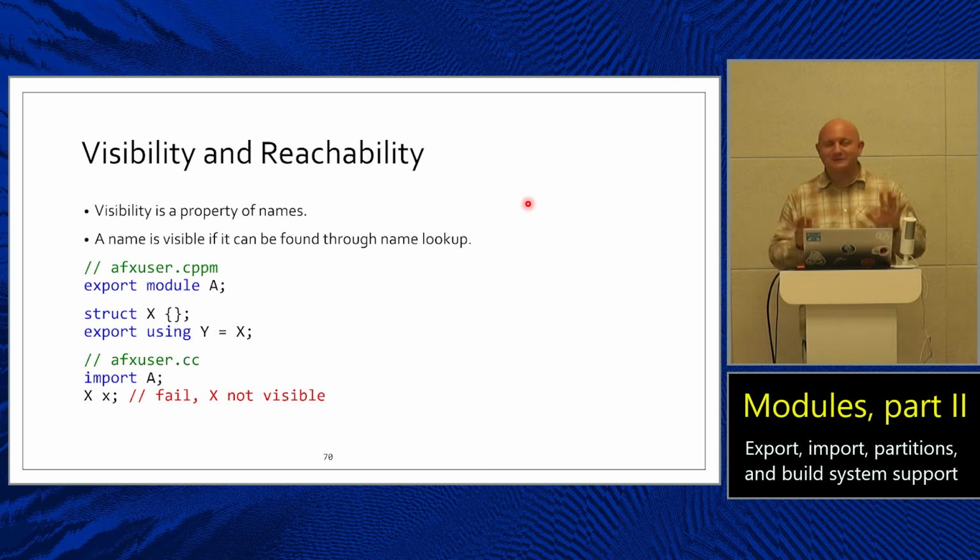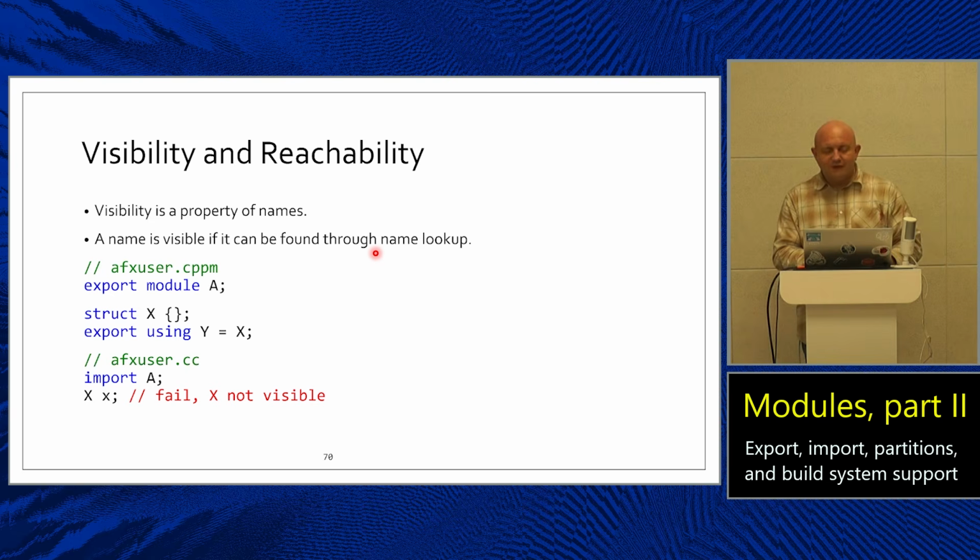But let's start with visibility. Visibility is a property of names, though interestingly it's not formally defined in the standard. It's really a conceptual property. A name is visible if it can be found through name lookup.